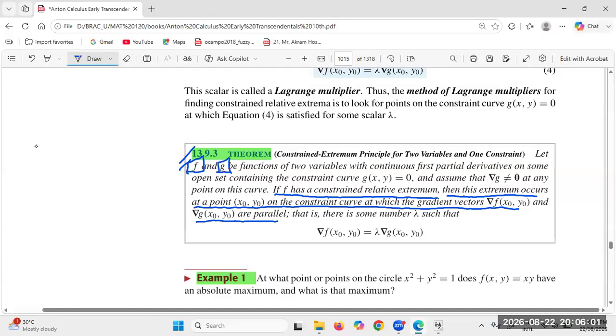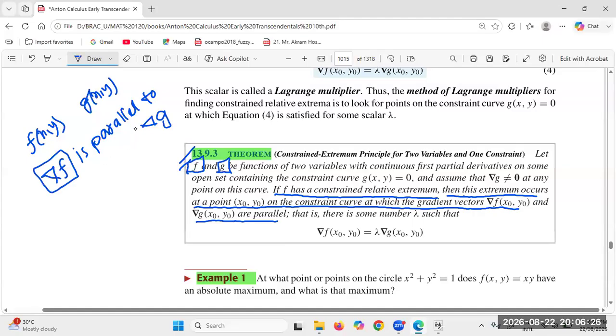So basically, at the point where the function f of x comma y has an extreme value under the constraint z of x comma y, at that point gradient of f is parallel to gradient of z. So gradient of f is a vector and gradient of z is also another vector.